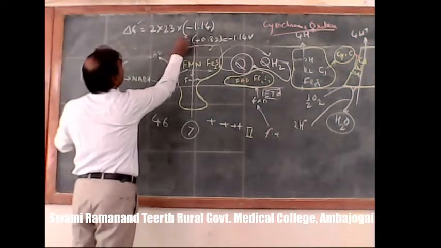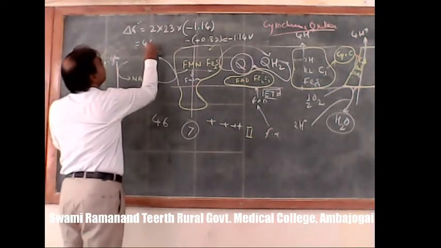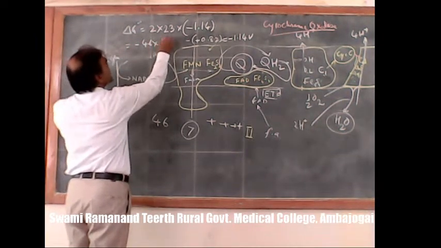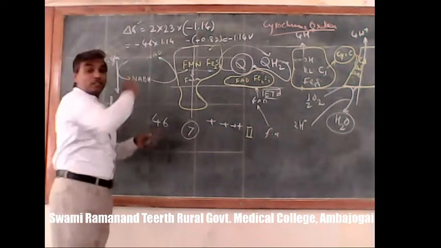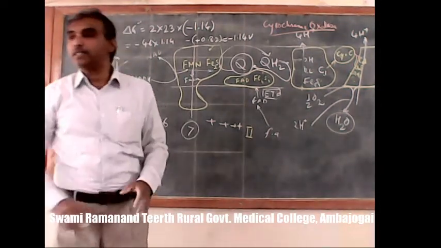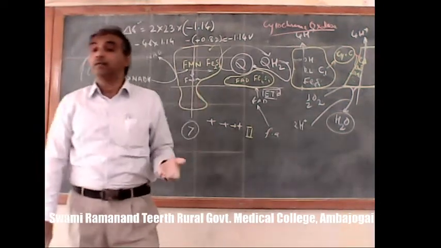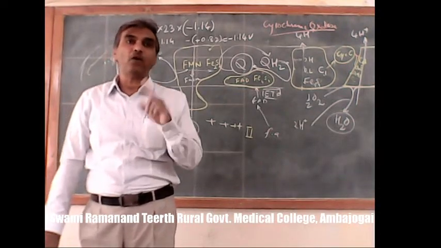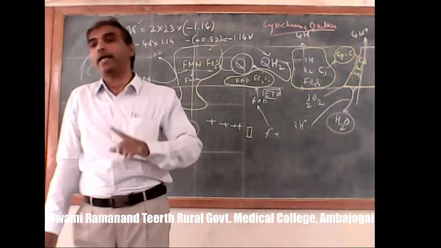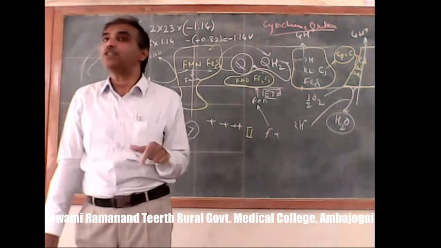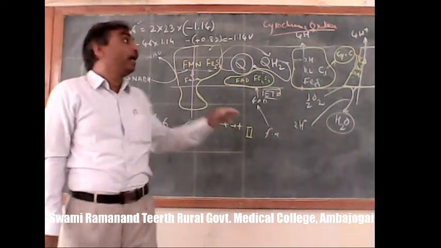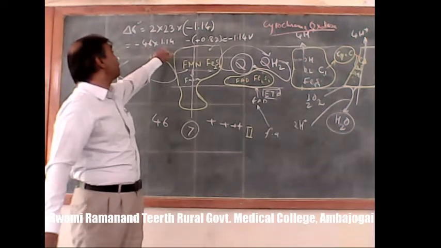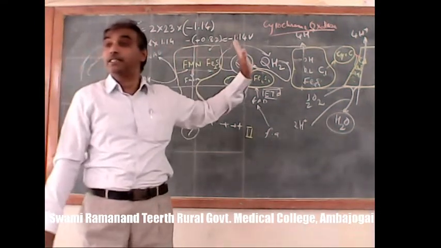So this comes about minus 46 into 1.14. Now this is up to you to calculate, how much energy is liberated, keeping in mind that 1 ATP when it is hydrolyzed gives 7.3 kilocalories. It means that for the synthesis of ATP you require 7.3. It is around 46 into 1.14, around 68 or something.